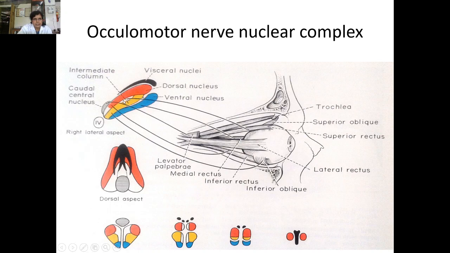And this median raphe nucleus, here in white color, in between the dorsal nucleus and intermediate nucleus, mainly supplies the superior rectus muscle. So this oculomotor nerve nuclear complex is made up of many subnuclei, and each subnucleus supplies individual muscles of the extraocular muscles except superior oblique and the lateral rectus muscle.